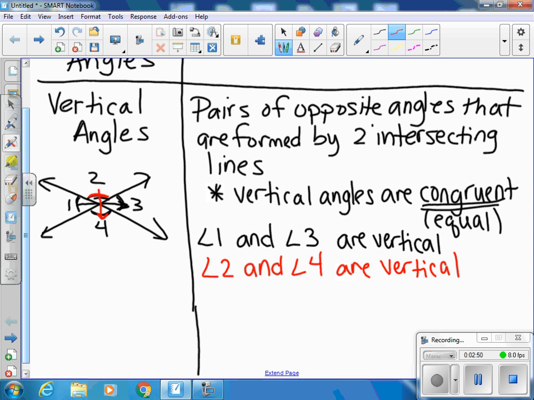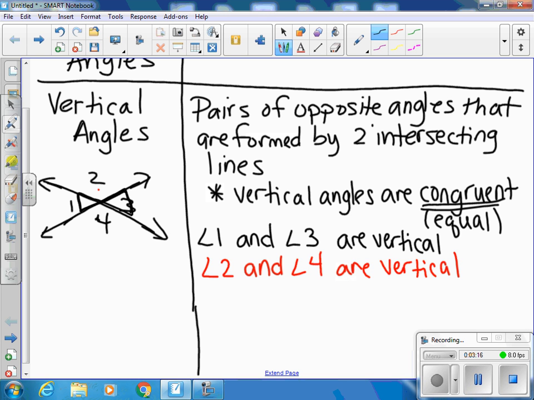In the past, we've used ways to help students remember by making a bow tie. So if you take angles 1 and 3, let me clear out this picture, and that'll actually help you see what I'm talking about. When you have angles 1 and 3, it makes a bow tie.